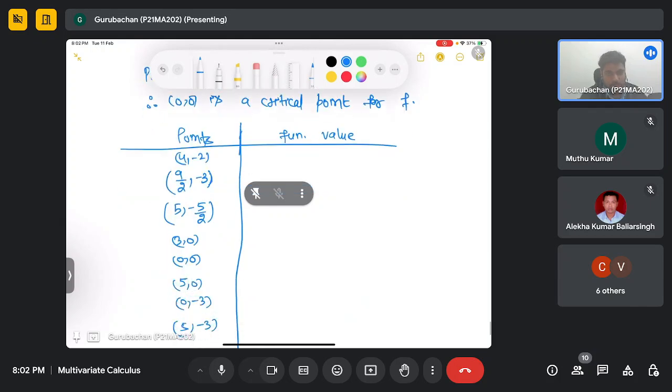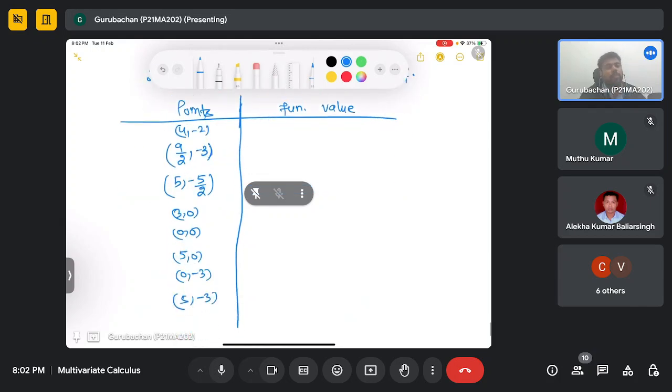So don't create confusion that critical point means the partial derivatives of f(x, y) are 0 or something else. So now you need to compute these functional values, and then you can easily decide the absolute maxima and absolute minima. If anybody has any doubt, you can ask. Otherwise, we will complete this session.